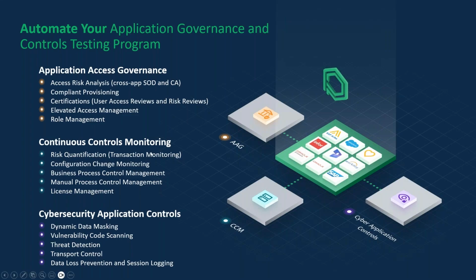Then we have continuous controls monitoring, such as process controls, which some of you may be familiar with. We can also monitor configuration changes, transaction monitoring, which our transaction archive tool does, license management to help you minimize your licensing cost and only buy the licenses that you really need, or give you proof so that you can negotiate with SAP for a better license deal.